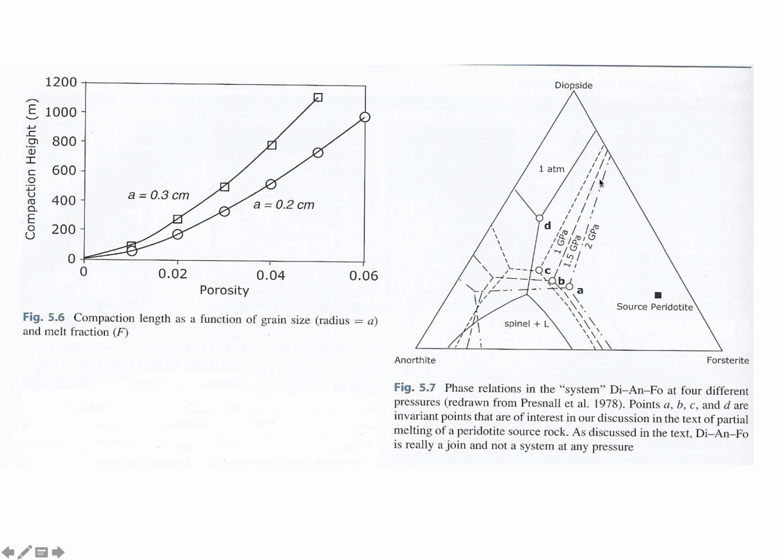These are the curves where partial melting takes place at different pressures. And here we have the composition: diopside, anorthite, forsterite.